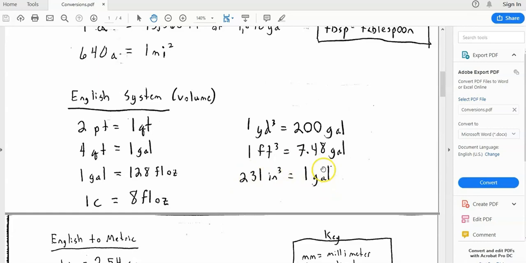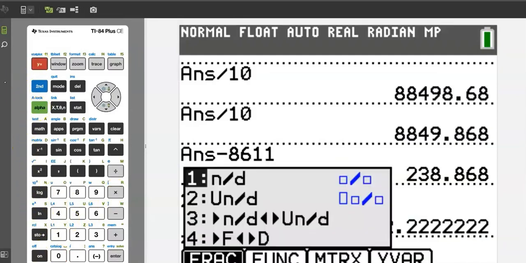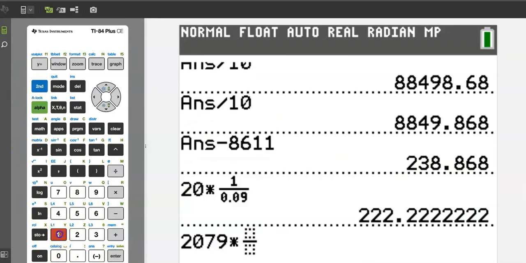So just plug in what you know. The 231 goes in the bottom, 2, 3, 1. The 1 goes in the top. So all we have to do is take 2,079 and multiply it by 1 over 231. Enter.